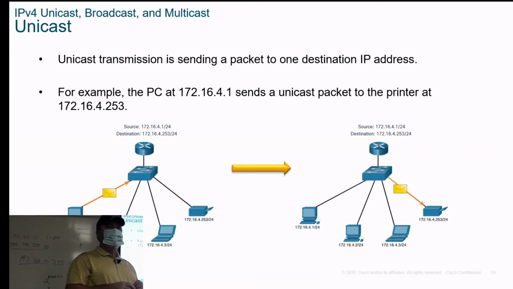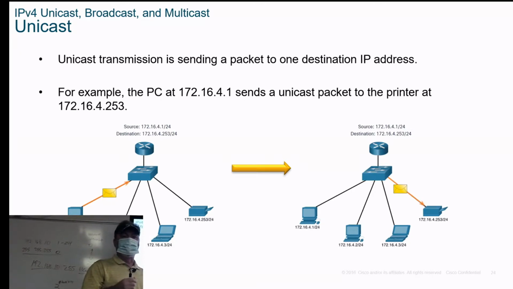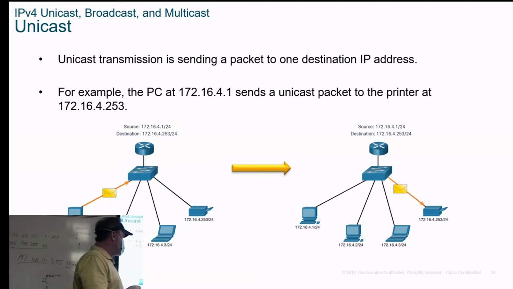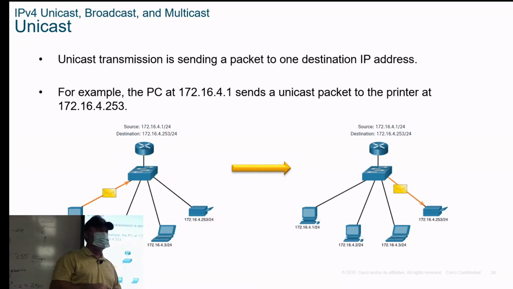So remember that IP is a connectionless protocol because we're letting all the other layers handle the connections. Unicast is a one-to-one thing. If I'm communicating from my PC to a server or to another PC on the same switch network, it comes in from my machine to a port on the switch, the switch looks at the MAC address table, and then it goes out the corresponding destination port.